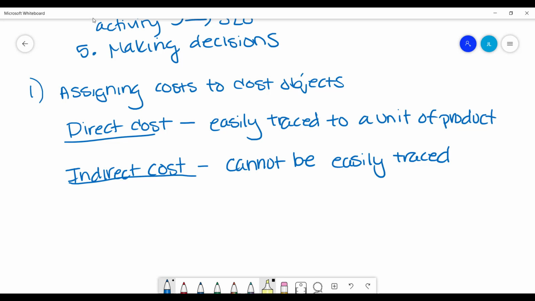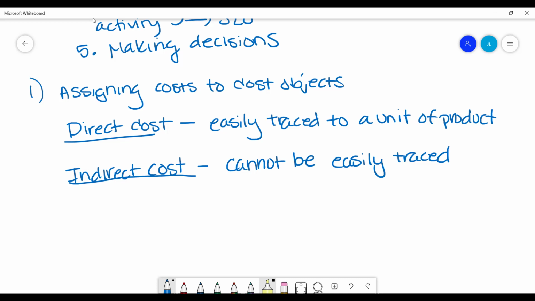Well, with a direct cost, let's say the wood that is used to manufacture a table, I can easily figure out how much wood was used to make that table. That is easily traceable to that one unit of product, that one table, the cost of that wood. That would be a direct material.